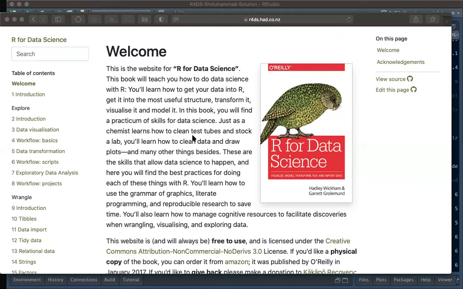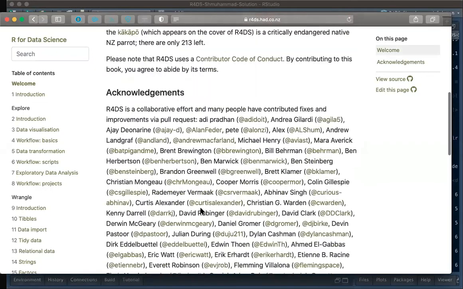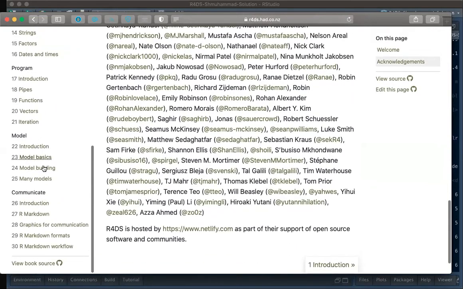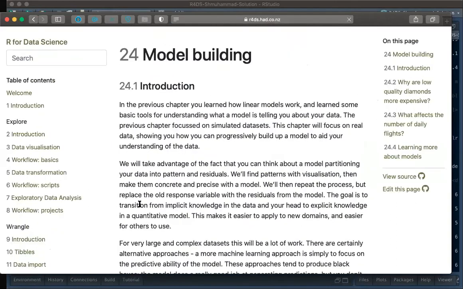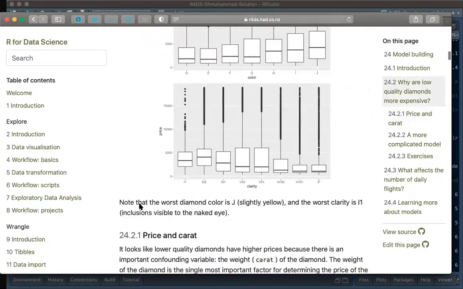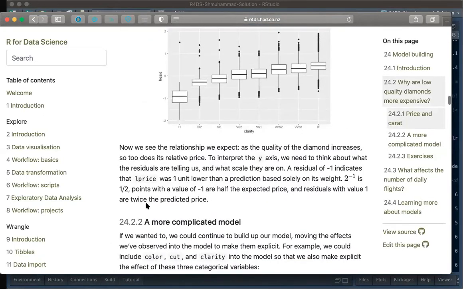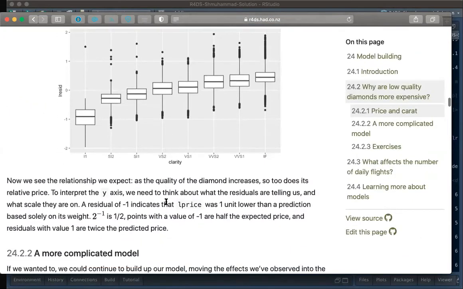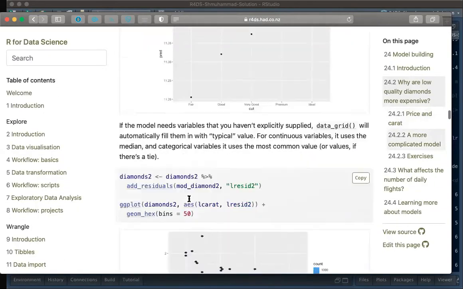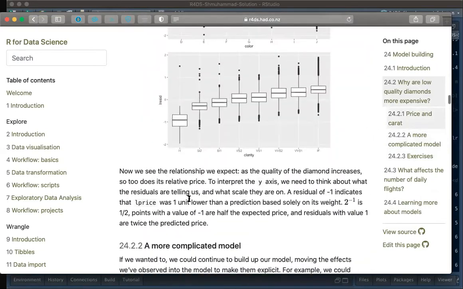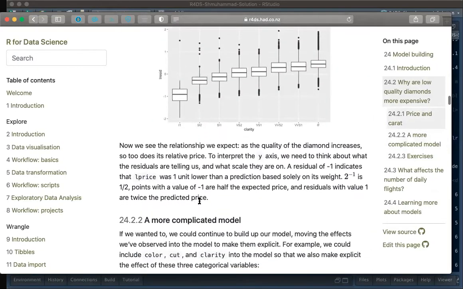Not this, this one. I have two windows open. Yeah, this part. No, not this part. Here. It doesn't make sense to me. Can someone explain?